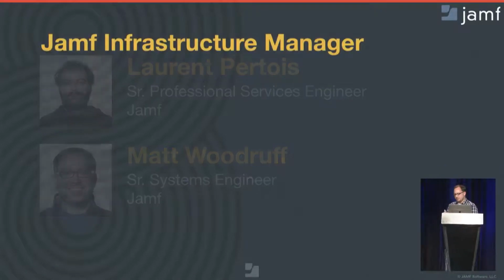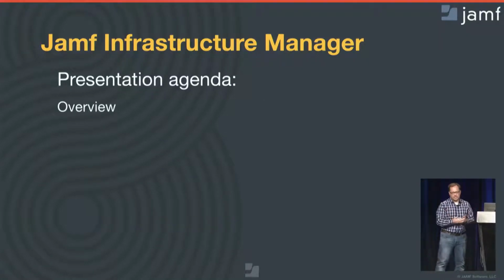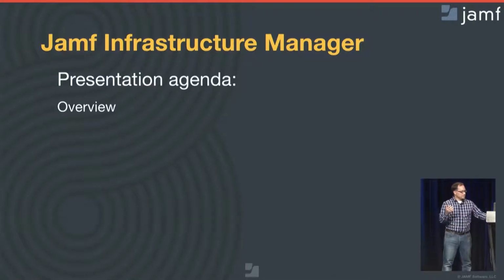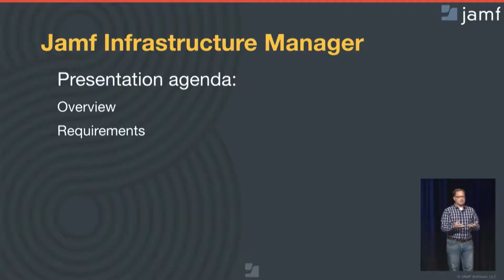Let's go through the agenda really quickly as we roam through what's going to be possible in this how-to session today. We have our quick overview. We are going to run through some of the requirements, especially so all of you know what the transition has been for the Jamf Infrastructure Manager, what its possibilities are today, where it should be sitting, and especially OS requirements and network requirements.